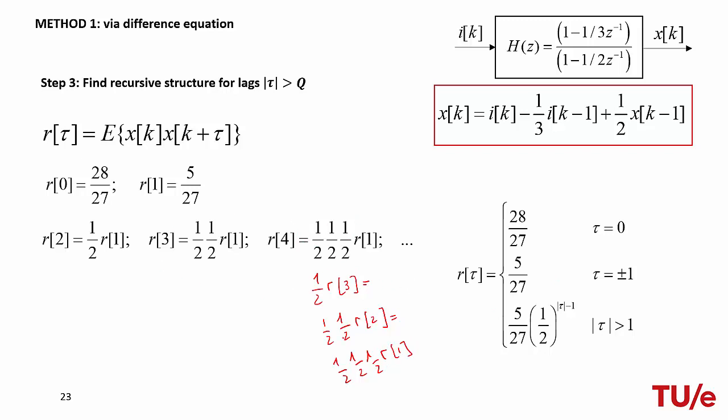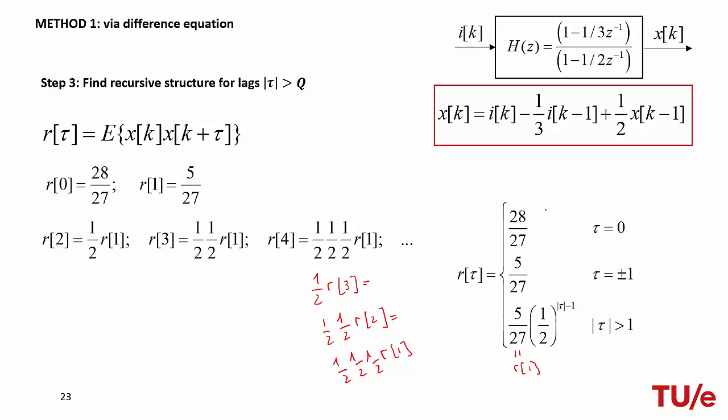And when we see this recursive structure, we can easily calculate the autocorrelation function for lags larger than 1, as given by the product of the autocorrelation at 1 and 1/2 to the power of the absolute value of tau minus 1.